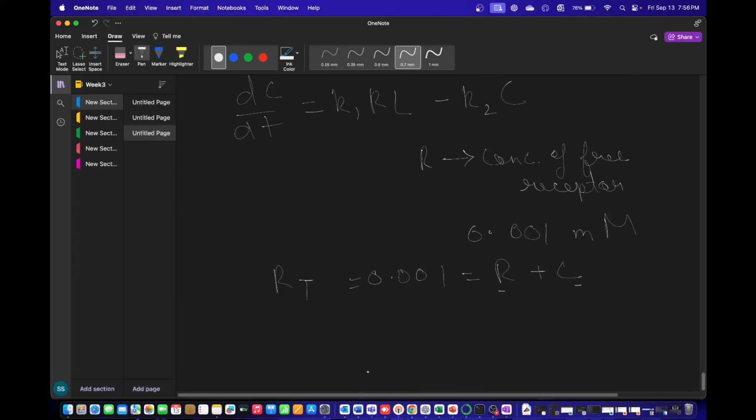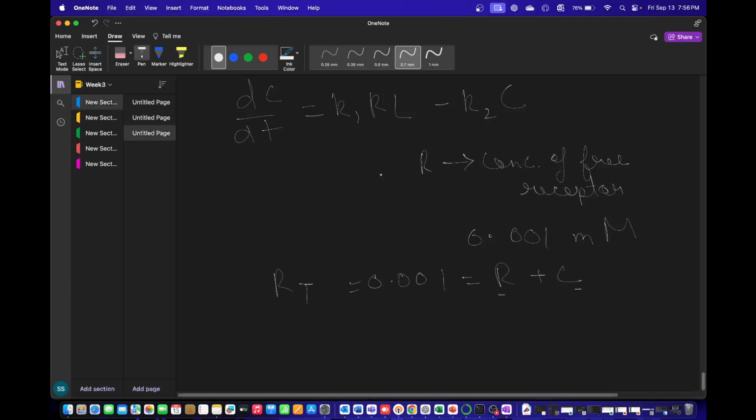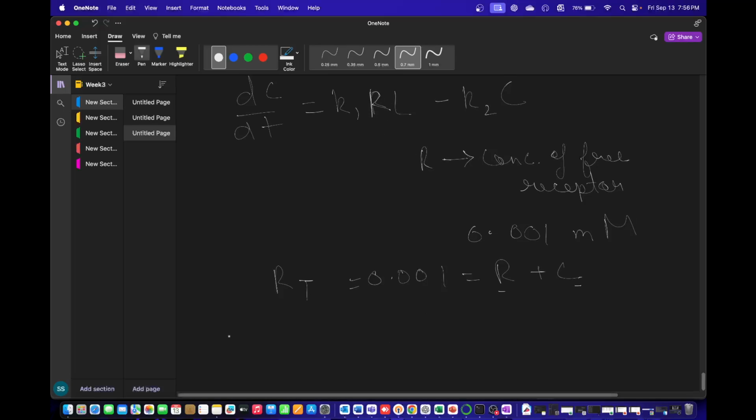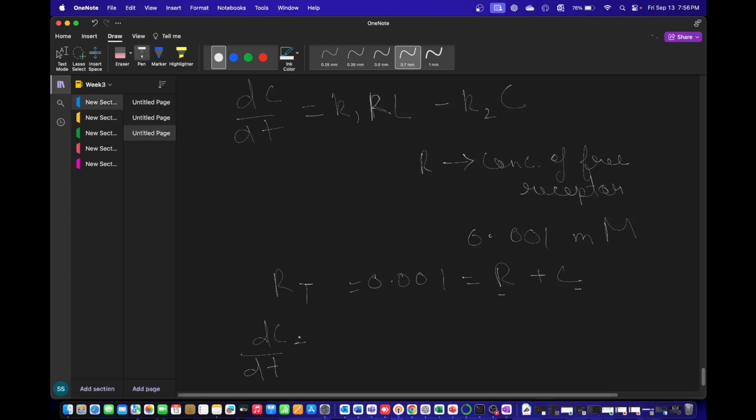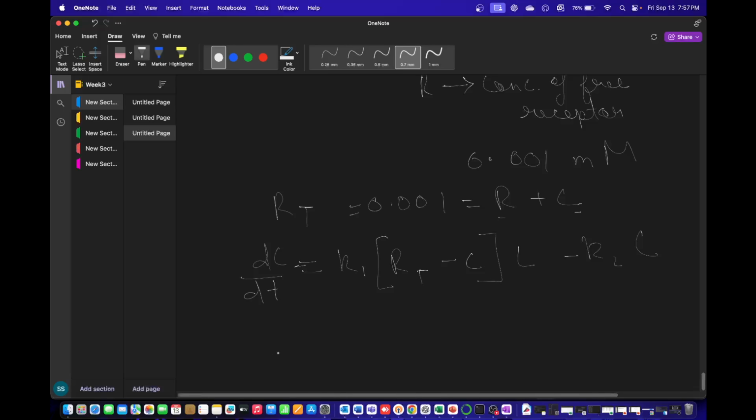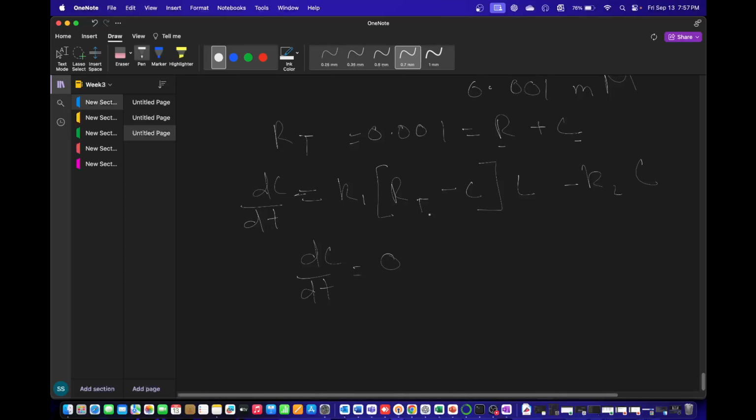Okay, now if we rewrite this equation in terms of RT, this becomes dC/dt equal to k1 into (RT minus C) into L, minus k2 C. Now at steady state dC/dt equals 0. Put dC/dt equal to 0, so k1 into (RT minus C) into L minus k2 C equals 0.